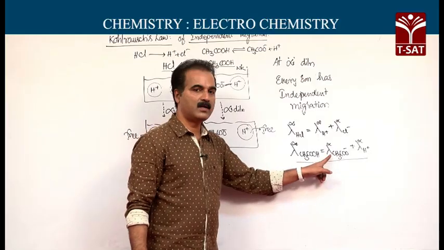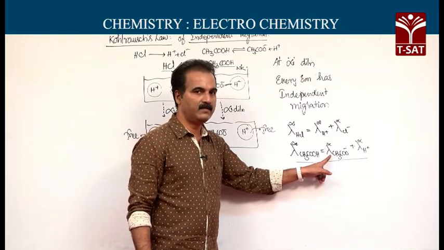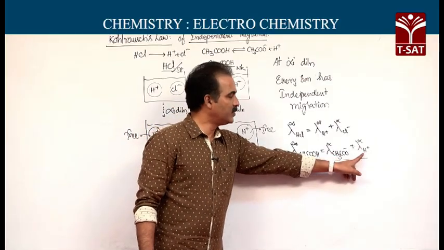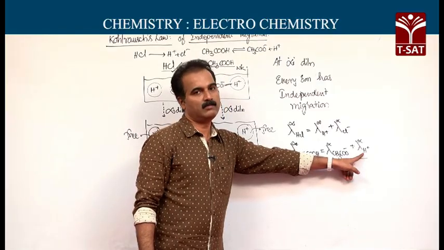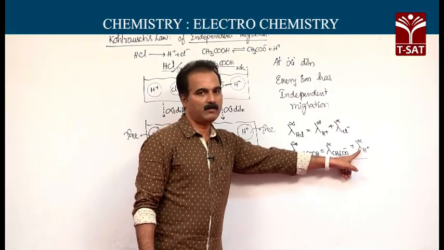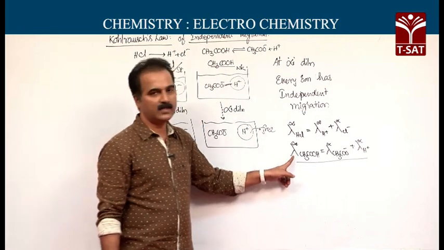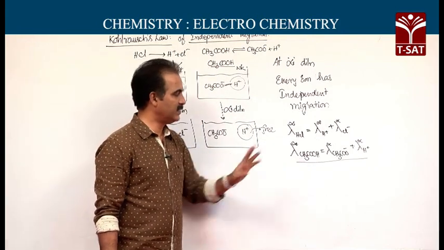The acetate ion's conductance at infinite dilution we should find from a strong electrolyte, and the H plus ion's conductance also should be found from a strong electrolyte. Summing them up we will get lambda infinity of acetic acid.